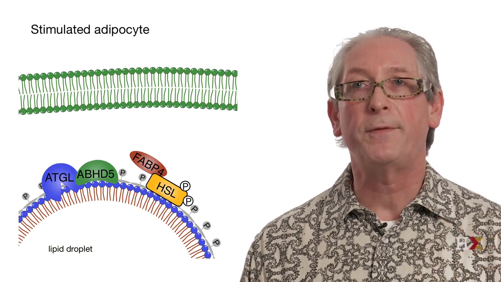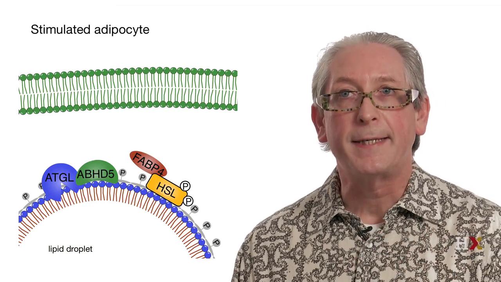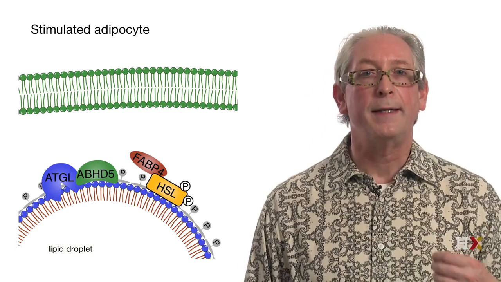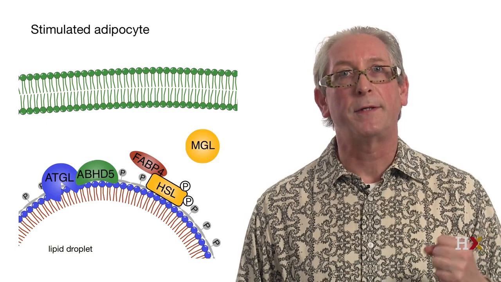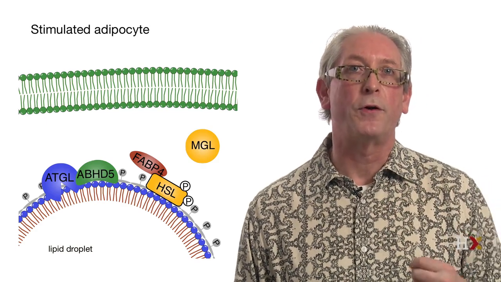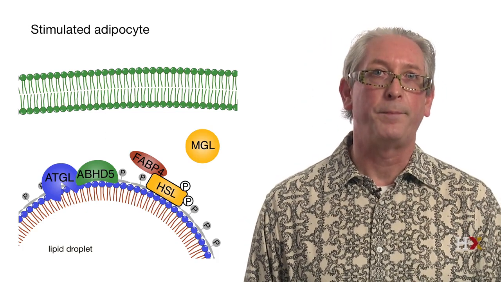ATGL will be active, HSL will be active, diacylglycerol will be produced, monoacylglycerol will be produced, and now MGL, which is abundant and active in the cytoplasm, can in fact catalyze the conversion of monoacylglycerol into fatty acid and glycerol.